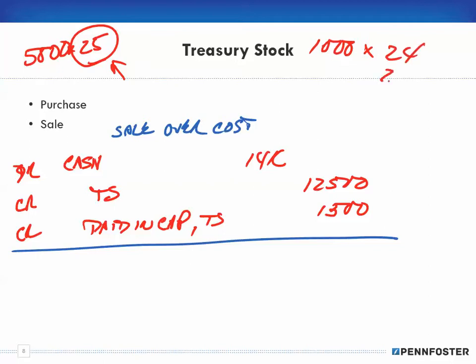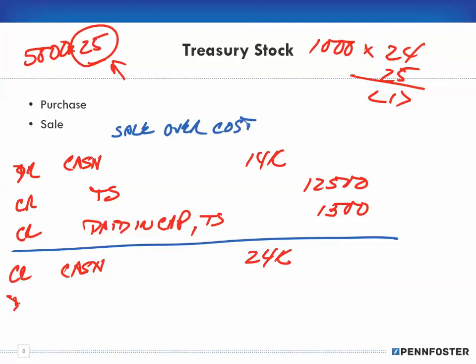Our cost was 25, so we're selling for a dollar less than our cost. We're still going to get cash, because we're selling the stock back into the marketplace, but 1,000 shares at $24 a share is $24,000.